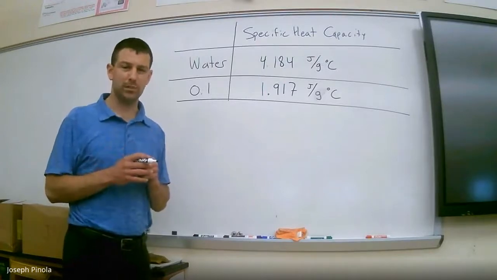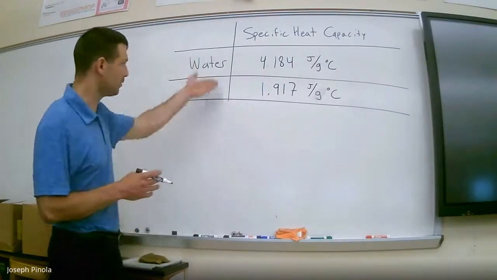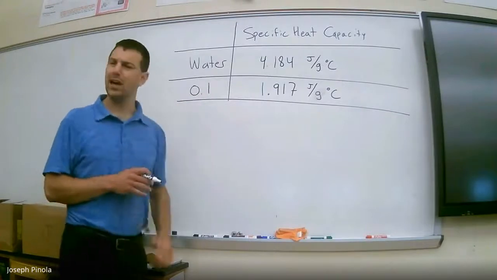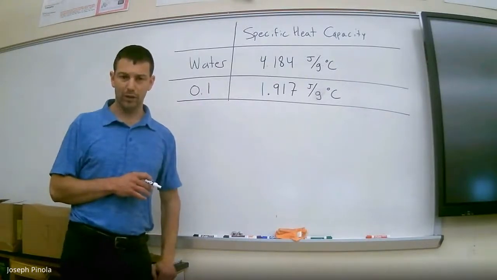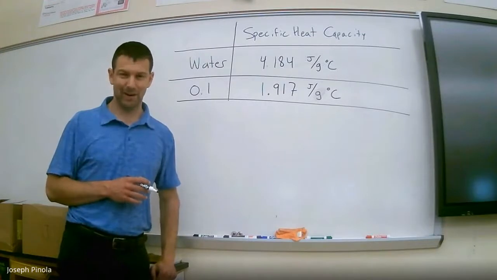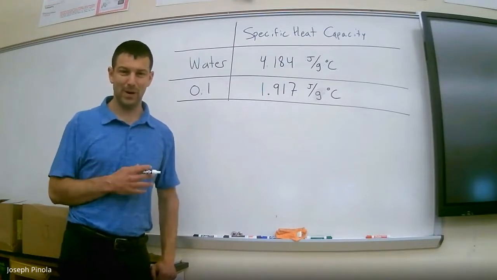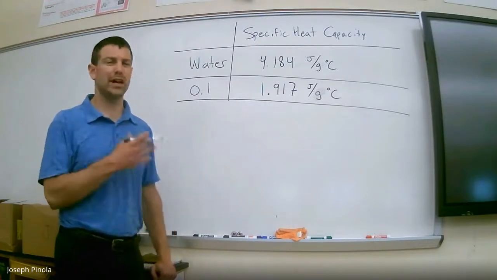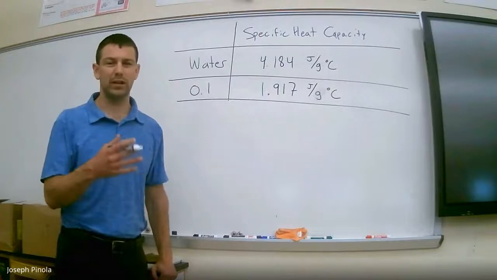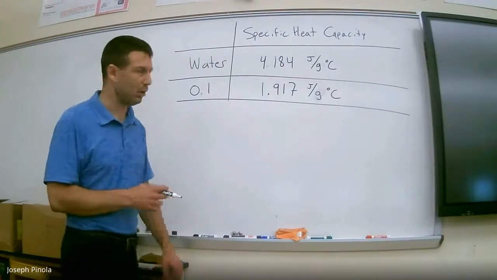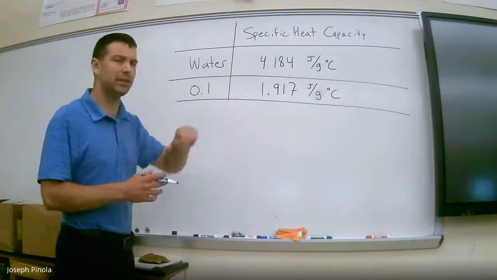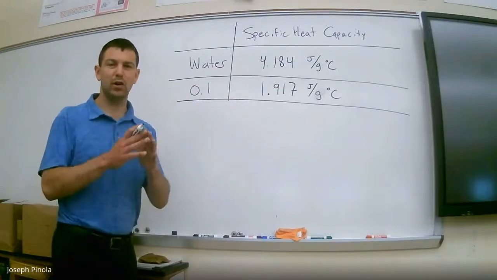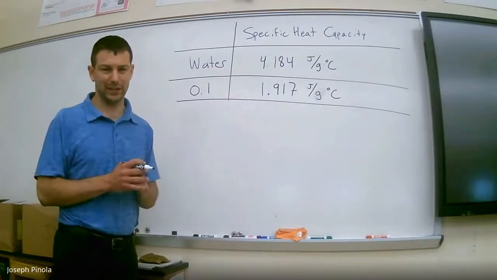Maybe you've noticed this before. Look at the difference between water and oil. Have you ever tried to boil water in order to make pasta at home? Maybe you have. And maybe you've noticed that that water takes a really, really long time to boil. Water has a higher specific heat capacity than almost any other material that we can think of.